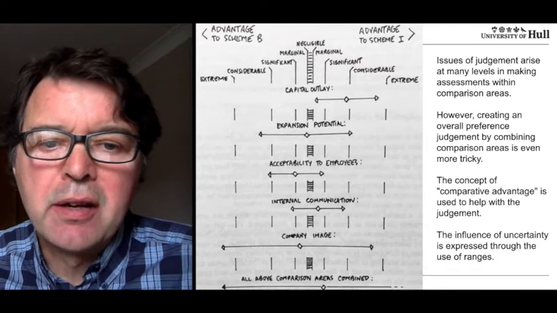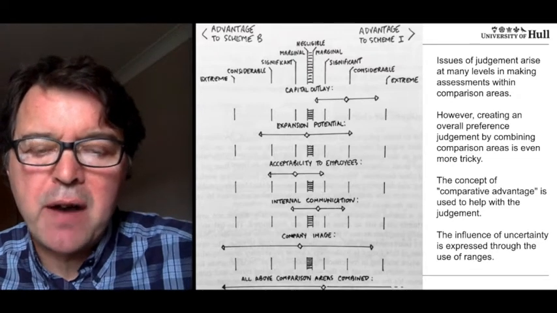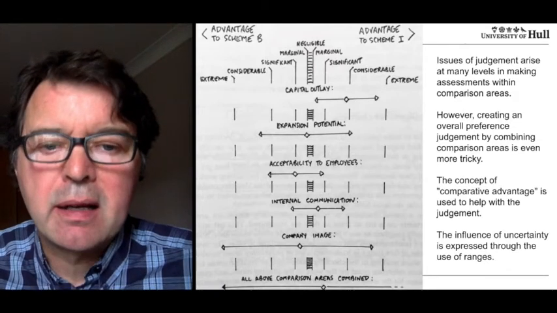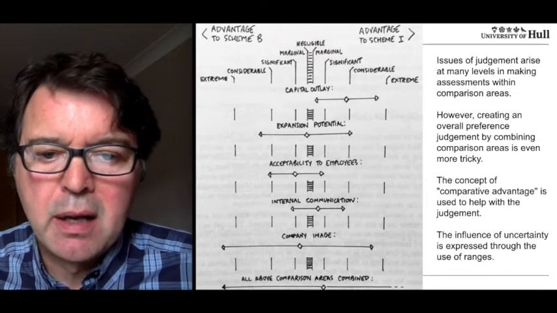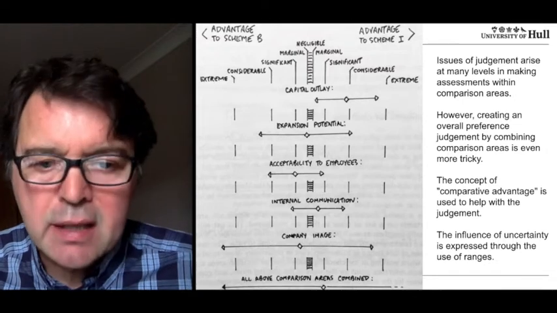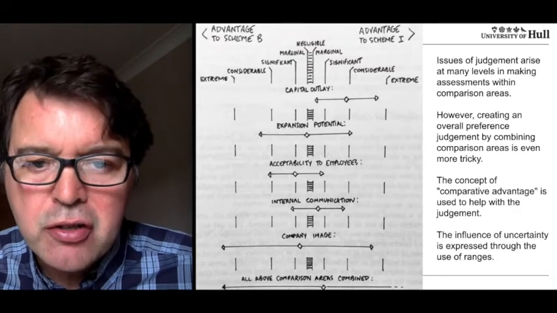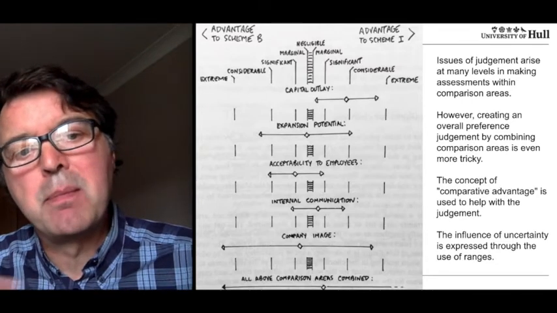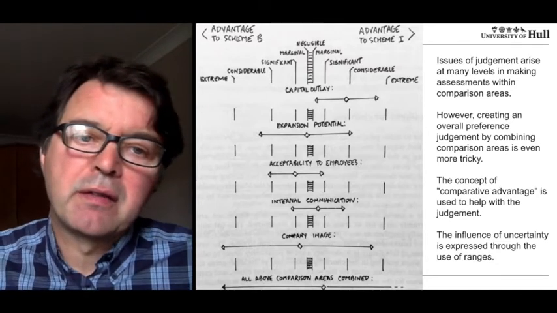You can see again we've got the 5 criteria: capital outlay, expansion potential, acceptability to employees, internal communication, and company image. And we've got the relative advantage to scheme B, and the relative advantage to scheme I.